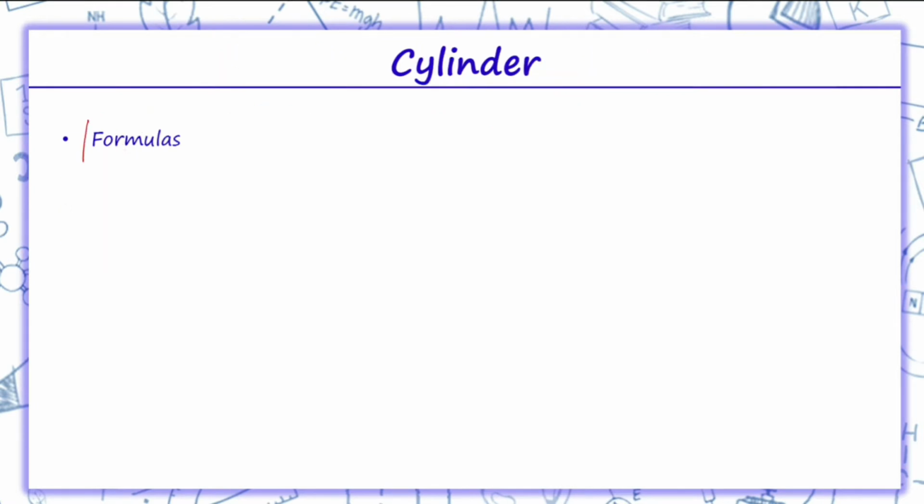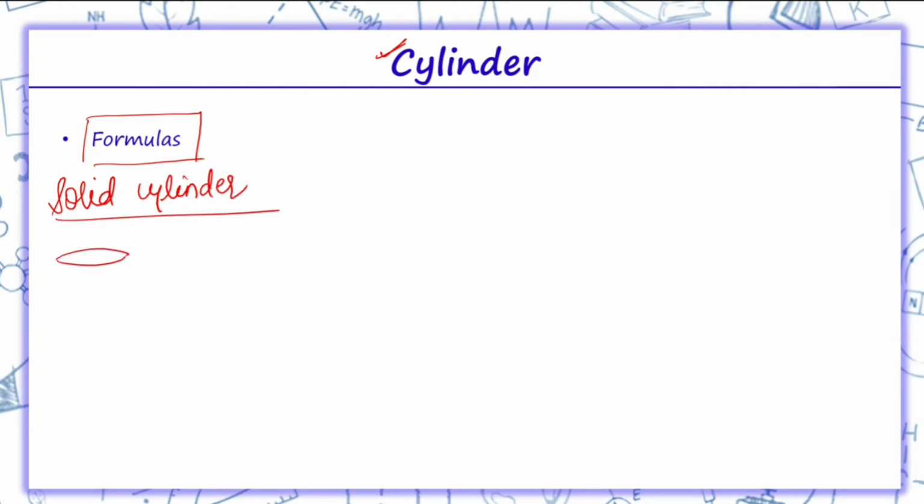So the formulas which come under this cylinder: we have two types of cylinder. The one is solid cylinder. In solid cylinder, r is the radius of the cylinder and h is the height of the cylinder.